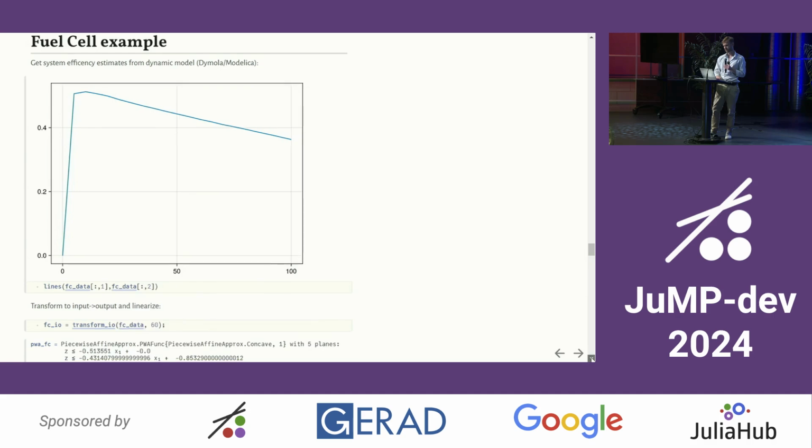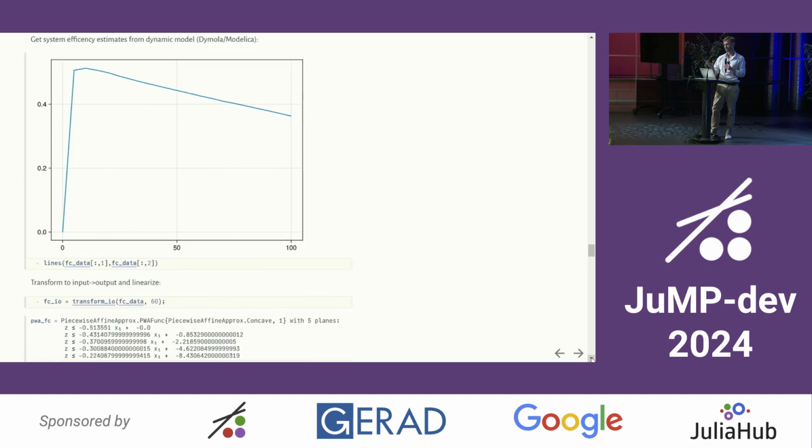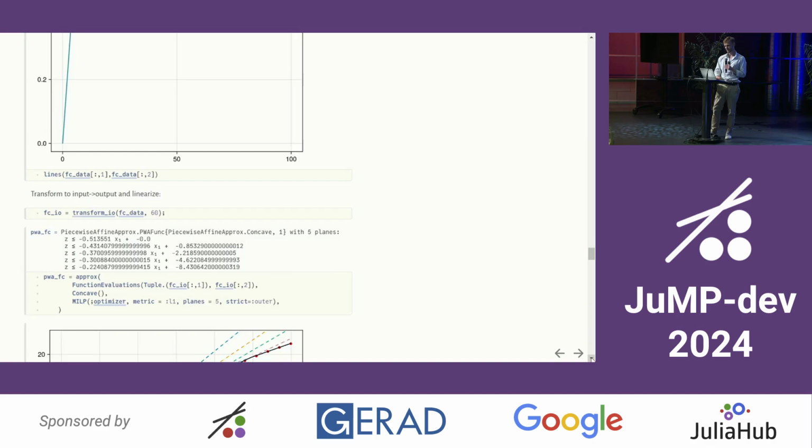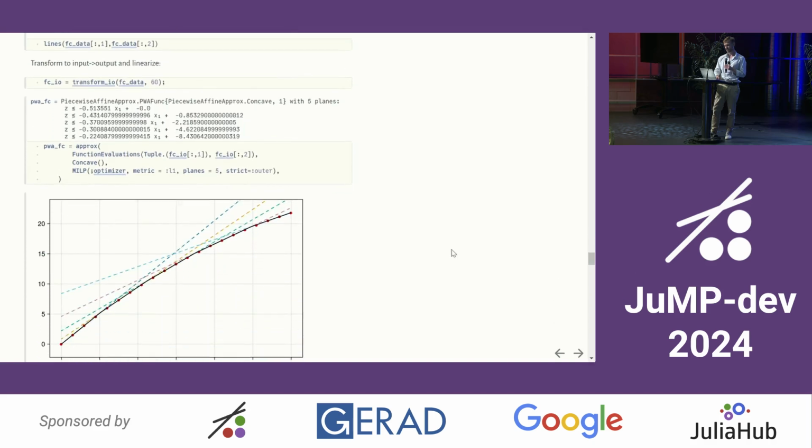We will first transform it from this efficiency to the relationship between the input and the output, so how much output you get at the different set points for the fuel cell. This is just to transform the data to get what you see down here.